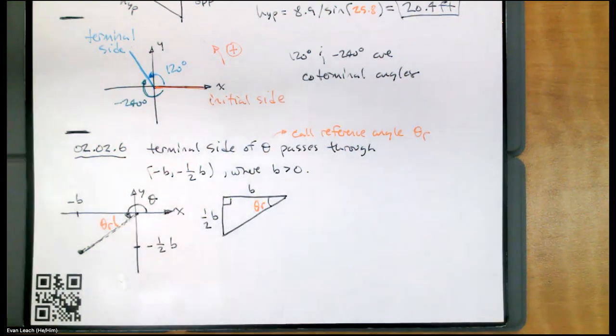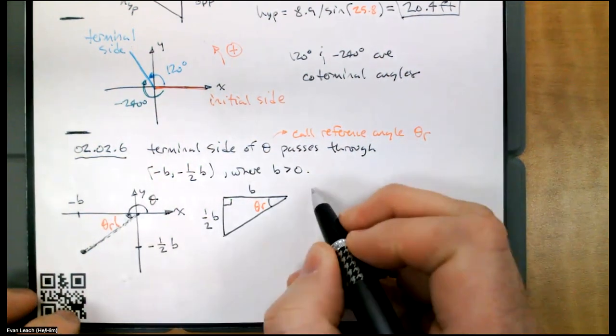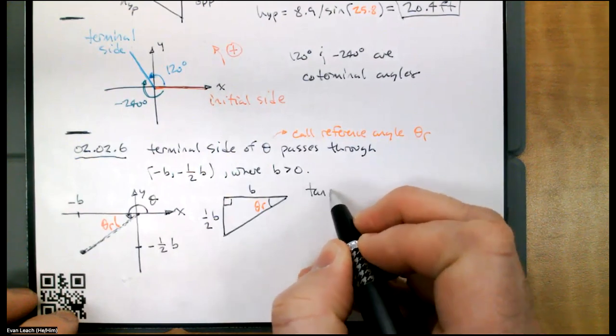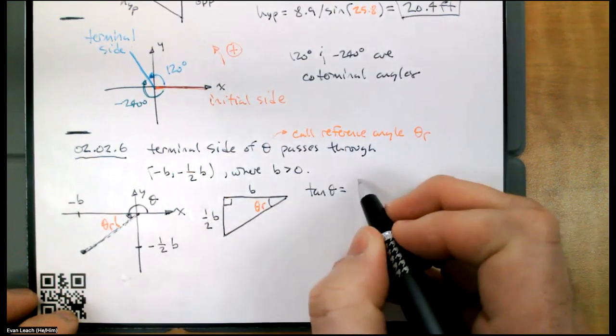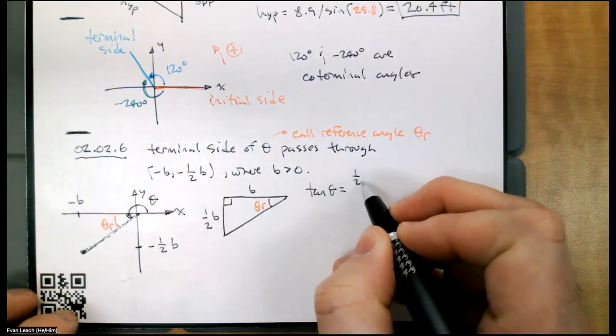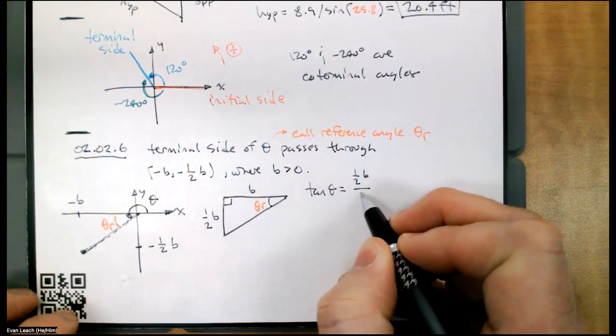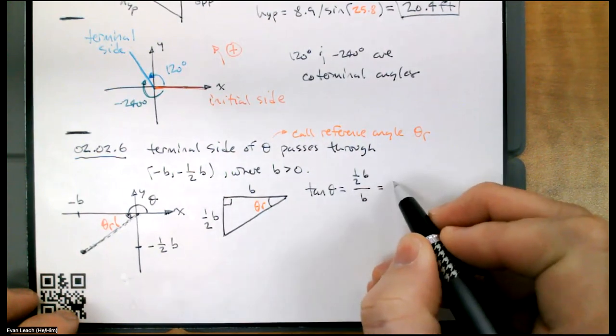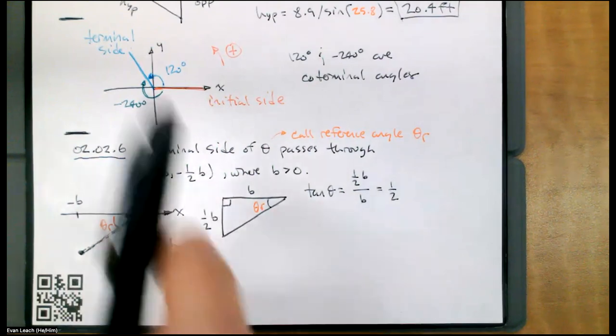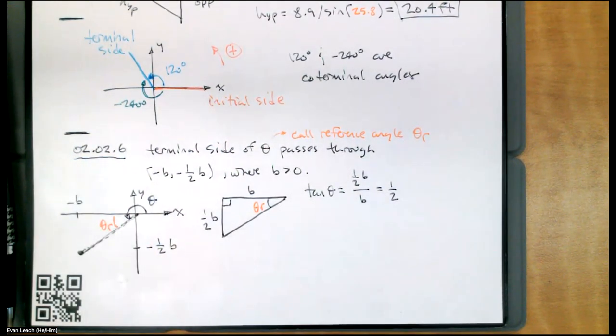Tangent of theta is opposite over adjacent. So 1/2 b over 1b. 1/2 of b divided by b will leave us with a 1/2. So tangent of theta is equal to 1/2. That one we don't need the hypotenuse for.